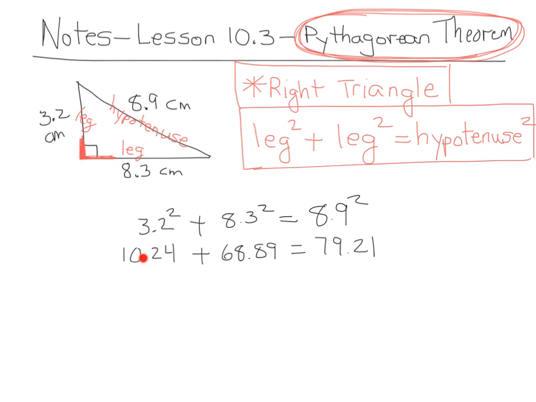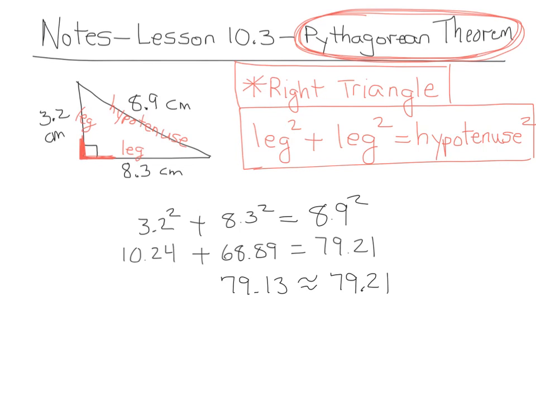When I add these two together over here, 10.24 plus 68.89, it would be 79.13, which is very close to 79.21. And they would actually equal if I measured it more accurately. Okay? They would turn out exactly equal.